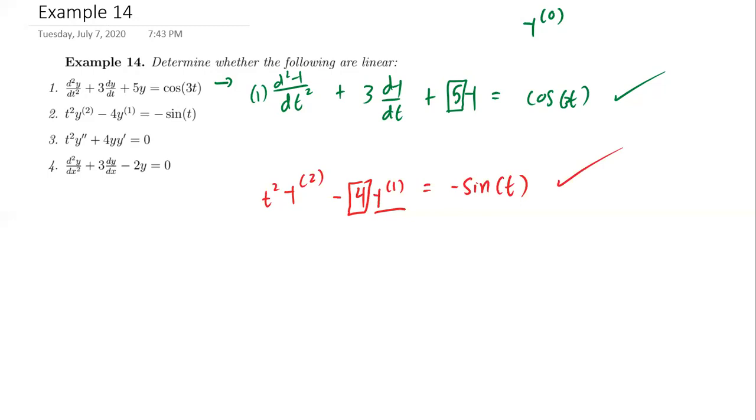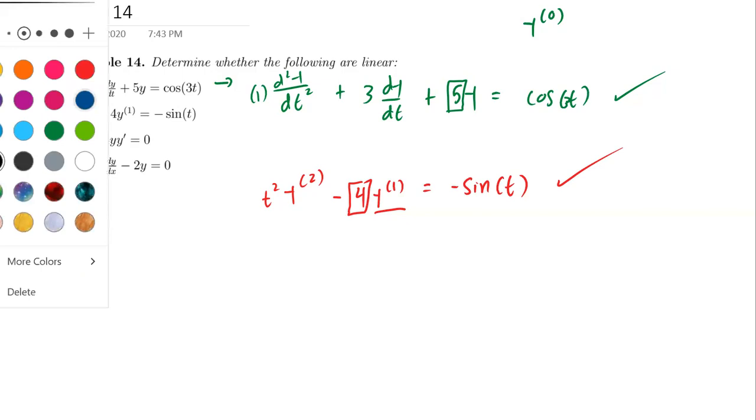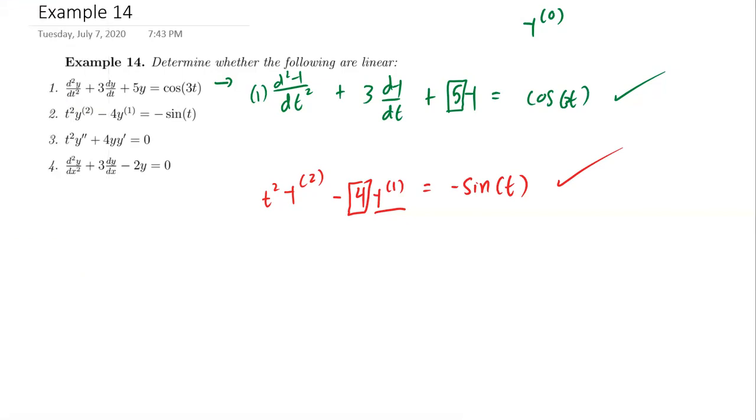Now number 3. So we have a second derivative. Let's use dark blue. The coefficient should be a function of t. t squared is a function of t. We're good. Plus, we have another derivative. Whatever's in front should be a function of t. However, that's not the case.